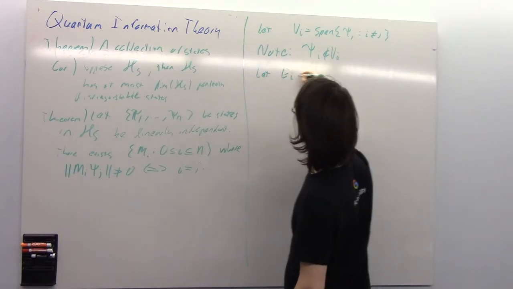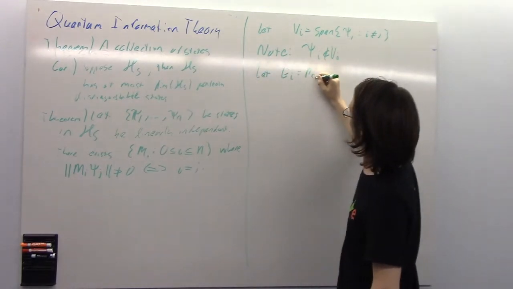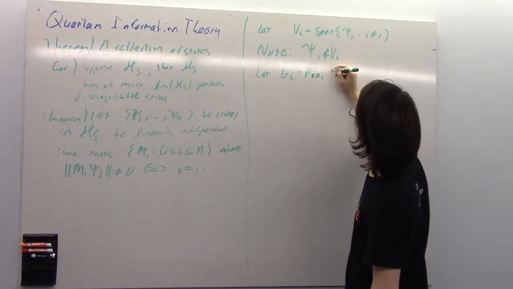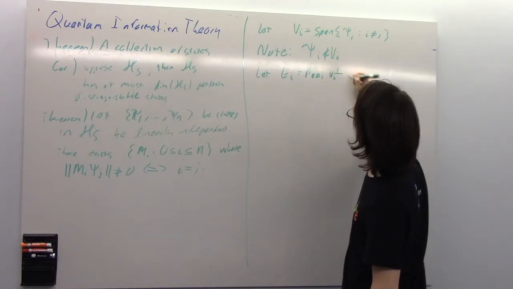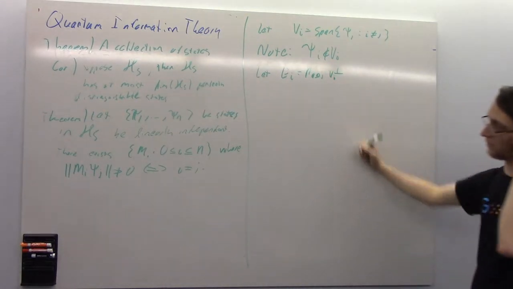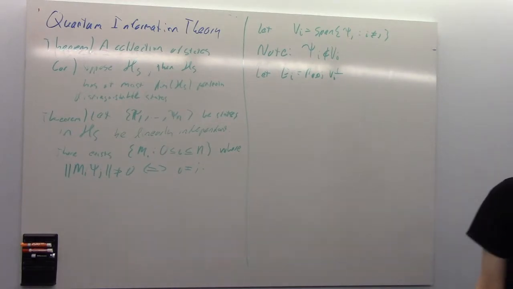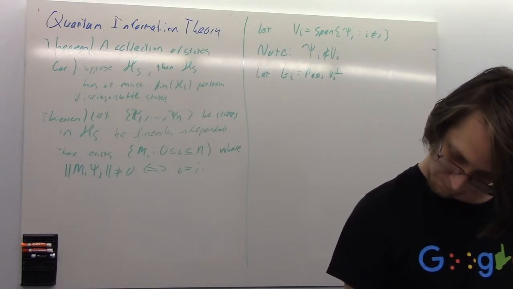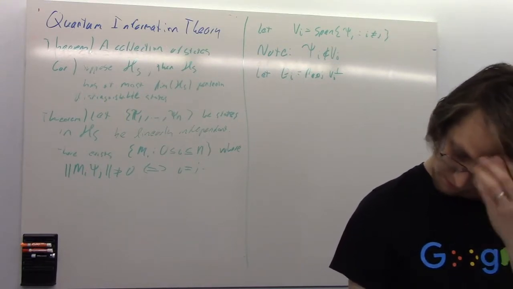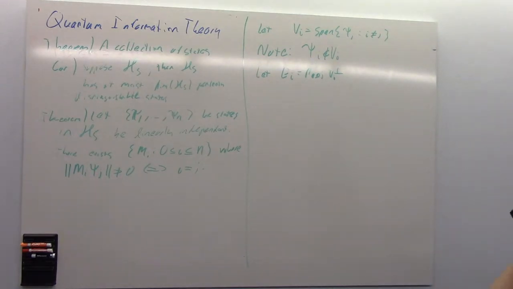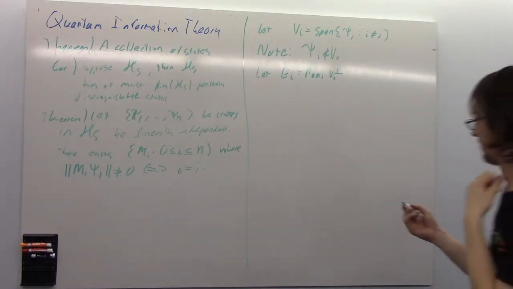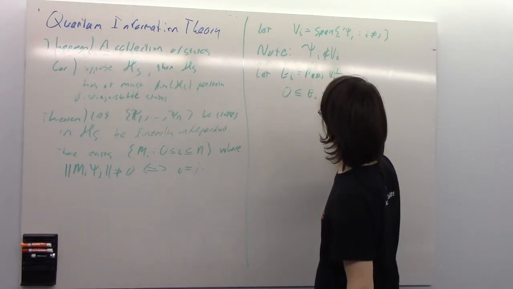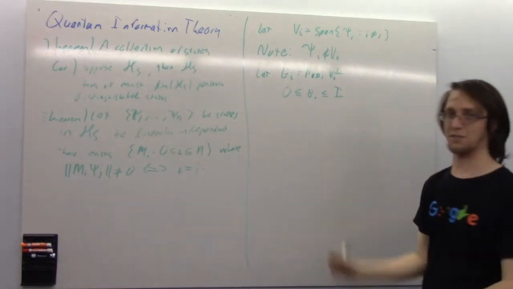Let EI be the projection onto Vi perp. Okay. So EI is a projection. So 0 is less than or equal to EI is less than or equal to the identity matrix.